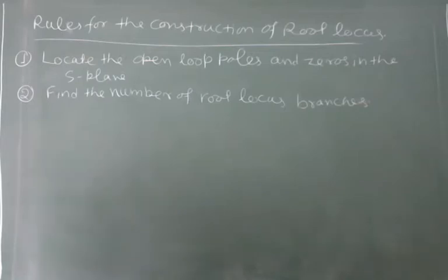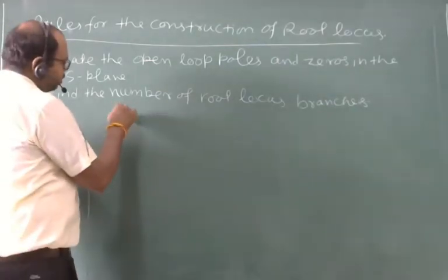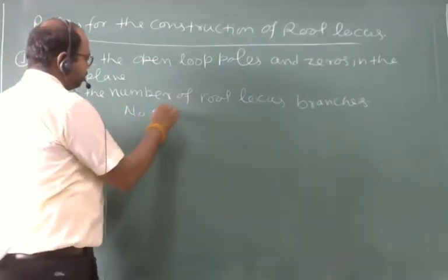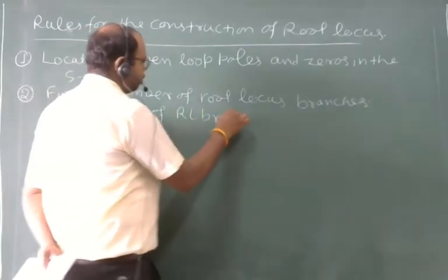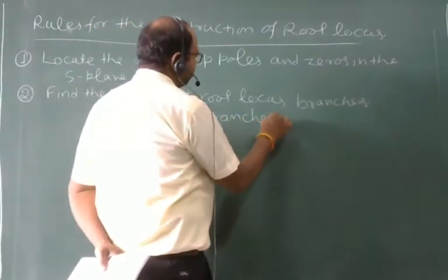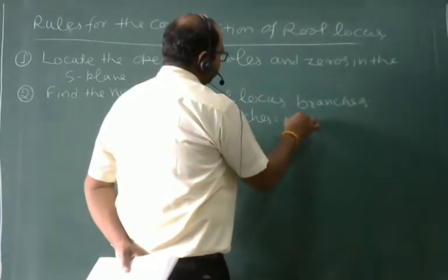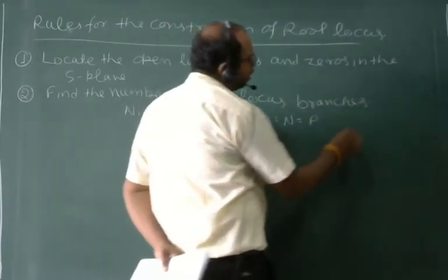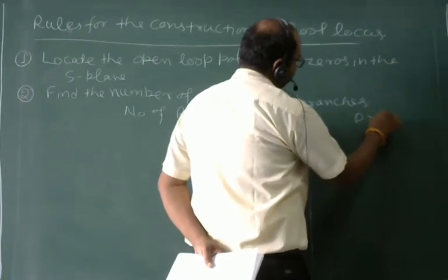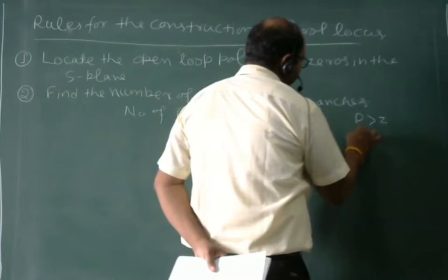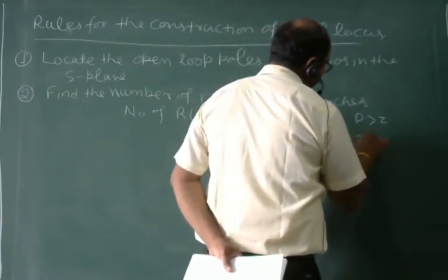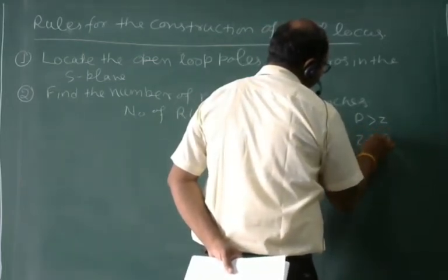The number of root locus branches is equal to n, which is equal to p when p is greater than z, and n is equal to z when z is greater than p.